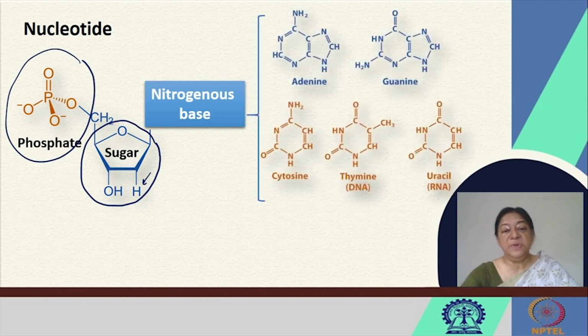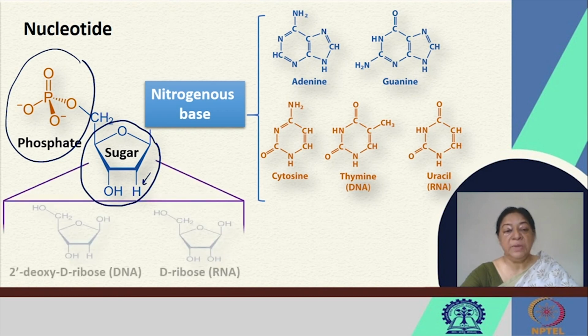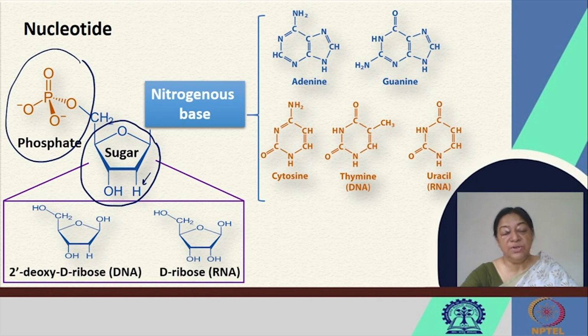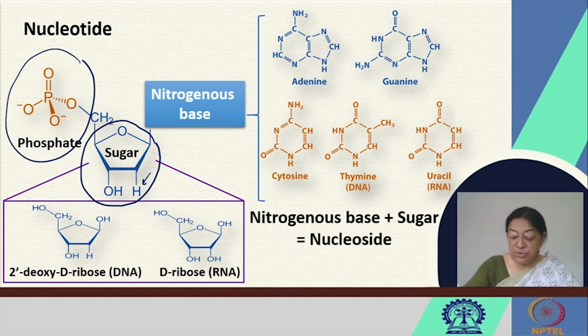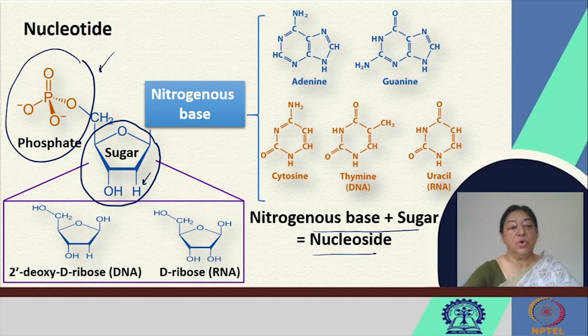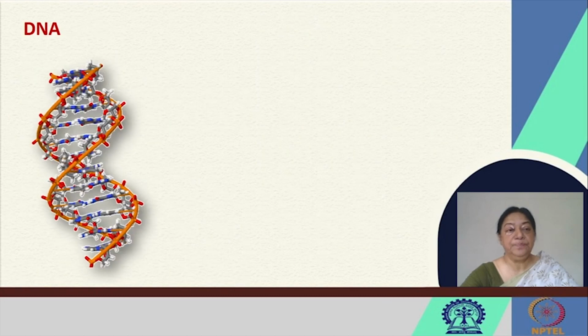The nitrogenous bases, as we saw, could be the purines or the pyrimidines, and the sugars could be the deoxyribose or the D-ribose. The nitrogenous base and the sugar alone are called the nucleoside. When the phosphate is attached, it is called the nucleotide.